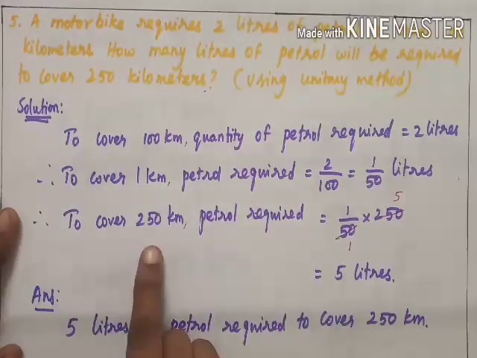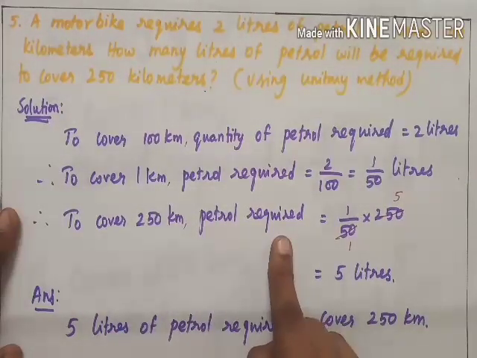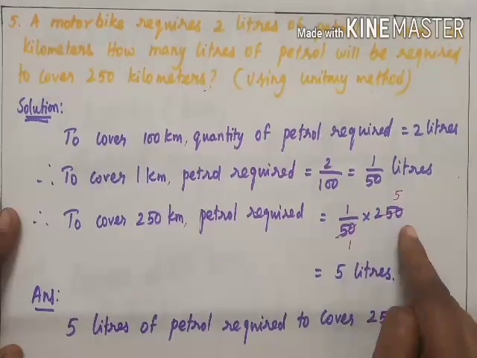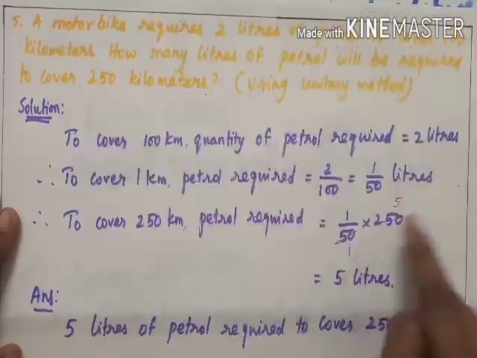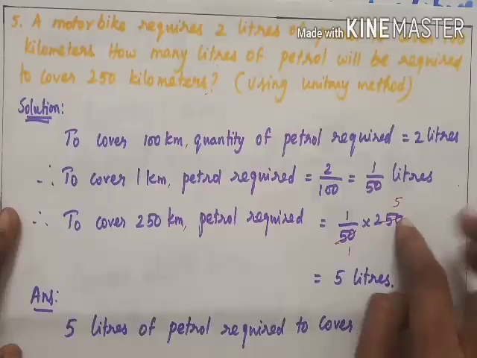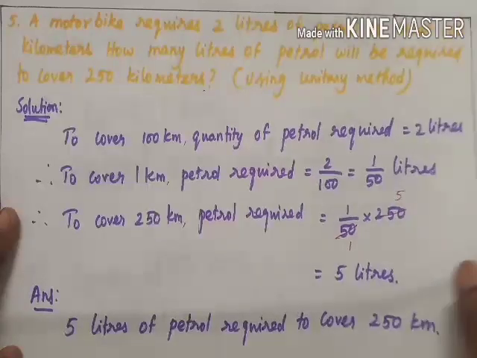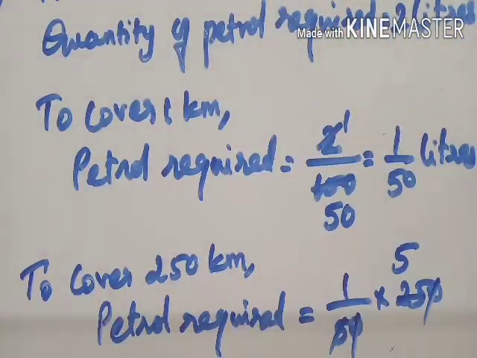That is, to cover 250 kilometers, petrol required is equal to 1 by 50 into 250. Do the cancellation. 1 50 is 50, 5 50s are 250. So 5 liters of petrol required to cover 250 kilometers. Yes. Am I clear, children? Right.